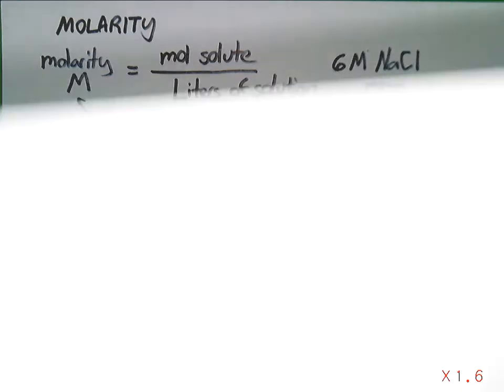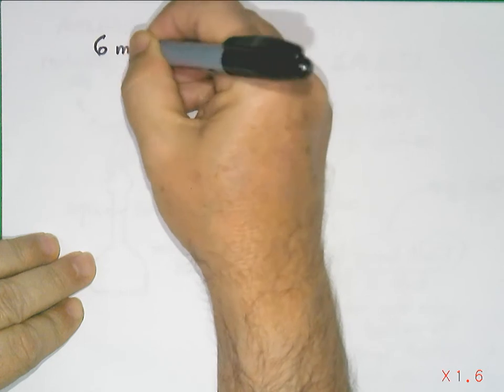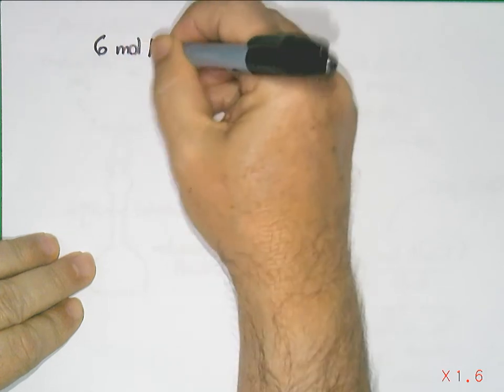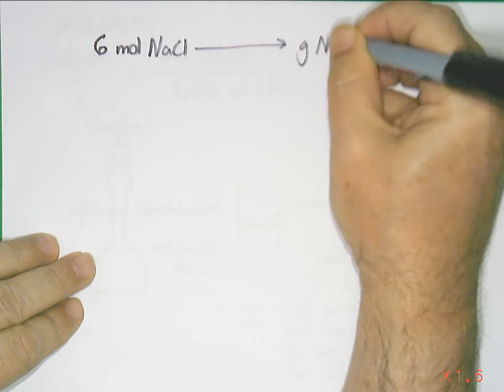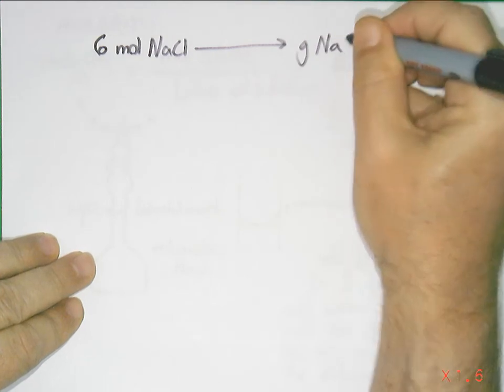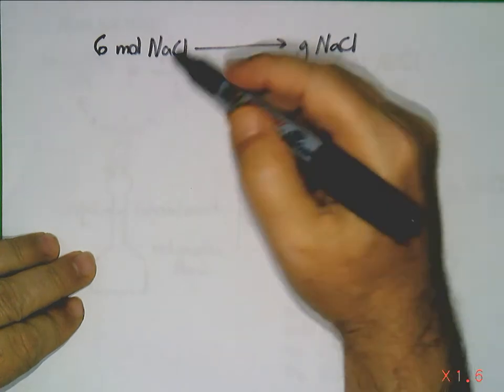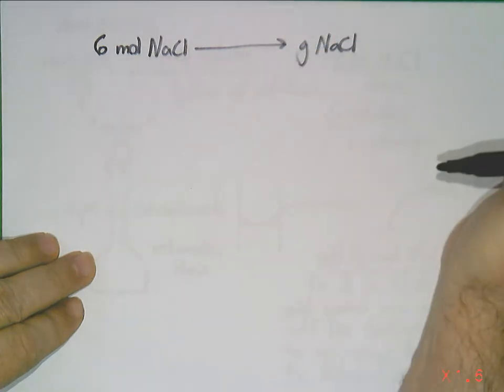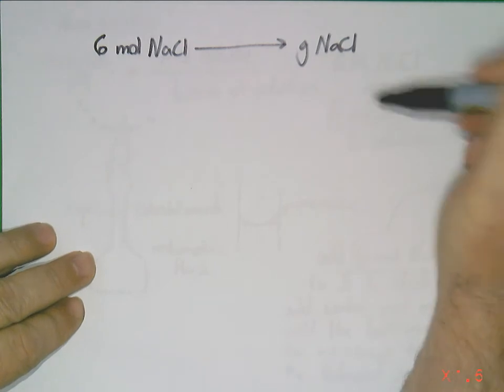So let's remember how to do that. If I want 6 moles of NaCl, and I want to turn that into grams of NaCl, what do I need? Well, whenever you are trying to relate moles to mass, you need a molar mass. So I need the molar mass of this.